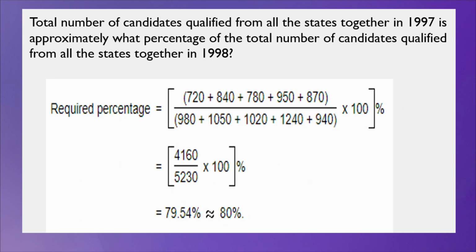The question is: the total number of candidates qualified from all the states together in 1997 is approximately what percentage of the total number of candidates qualified from all the states together in 1998. So, what do we have to do?